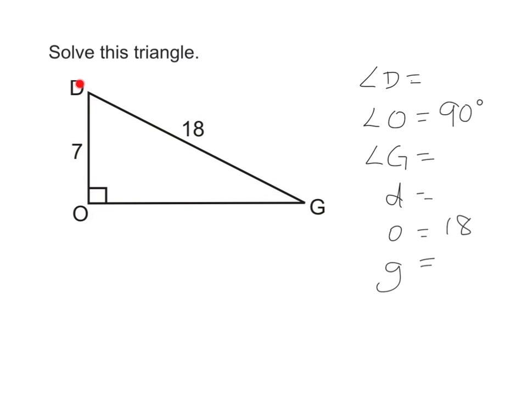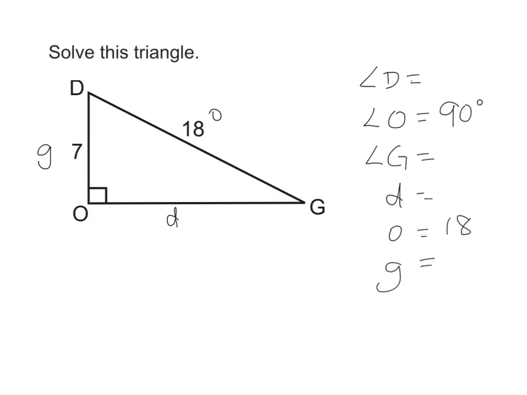If this is angle D, then opposite is side D. So I'll just fill that in. That's D, that's G, and that's O. We may not really have talked about that before, but that's how we're going to label them. The angle and the opposite side have the same name. It's just that the angle is a capital letter and the side length is a lowercase letter.